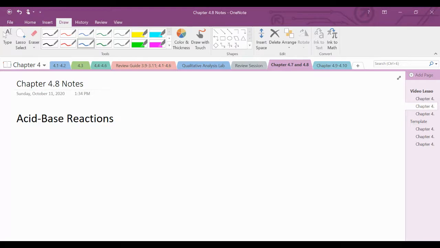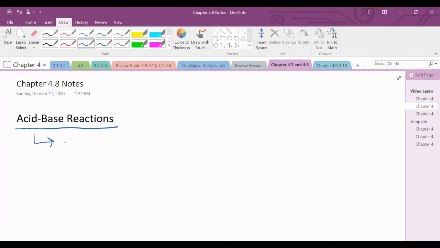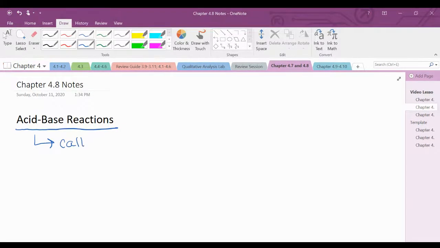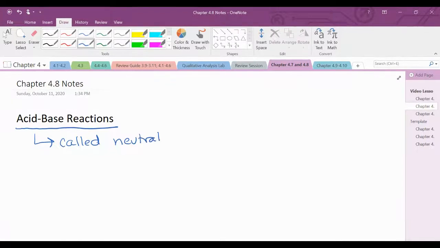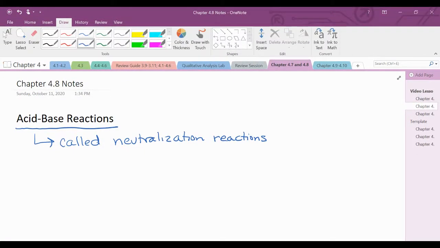So acid-base reactions are also called neutralization reactions. We will cover acids and bases in more detail in chapters 14 and 15 next semester.